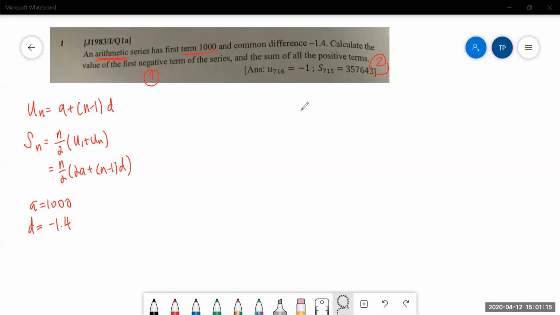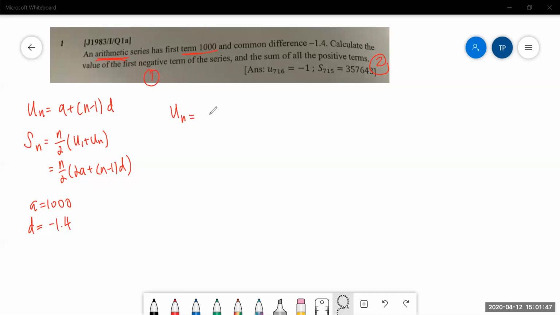Let a plus (n minus 1)d equal to, like, negative 1. Let un equal to negative 1.